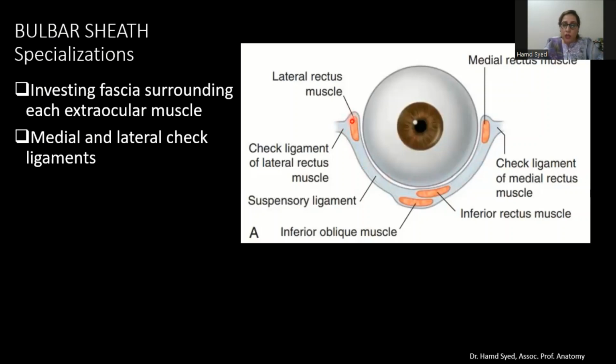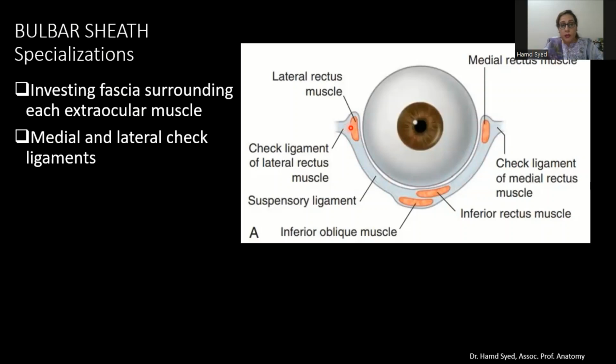This is a cross section through the extraocular muscles, the muscles responsible for movements of the eyeball. This is the lateral rectus muscle, and this is the medial rectus muscle. As they approach their insertion to the eyeball, they are surrounded by this specialization of the bulbar sheath, or you could say it has formed sleeves around the insertion of these muscles.